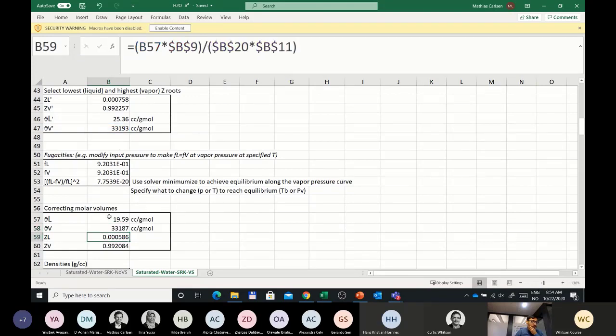And you can see there is a big correction on the liquid phase because the magnitude of the volume is small, but the magnitude of the volume for the vapor is so high that it doesn't affect the vapor phase molar volume too much.